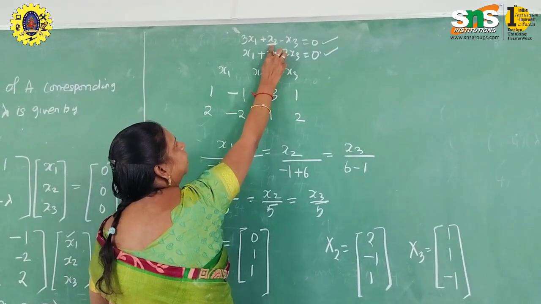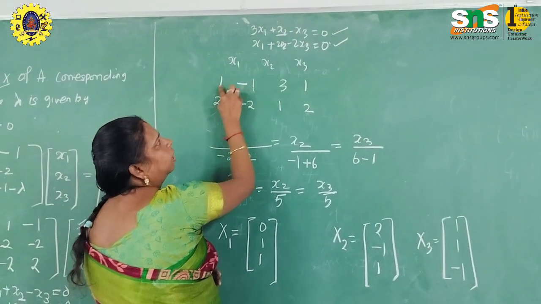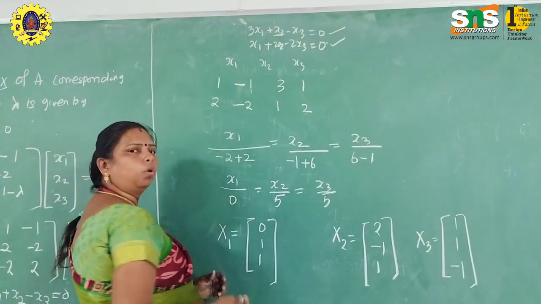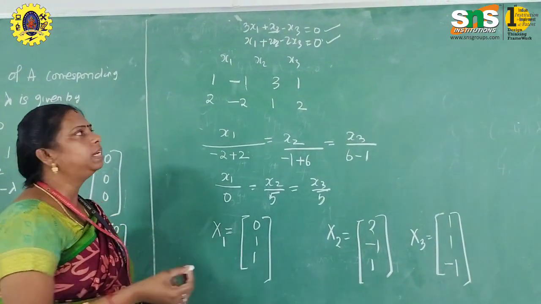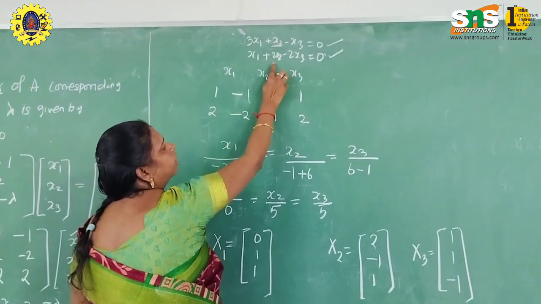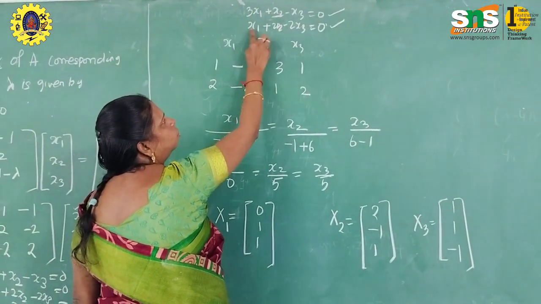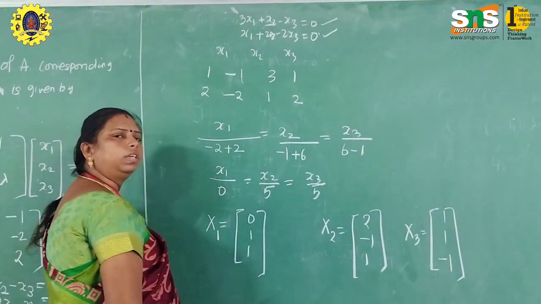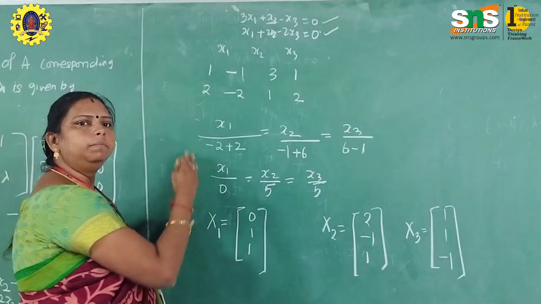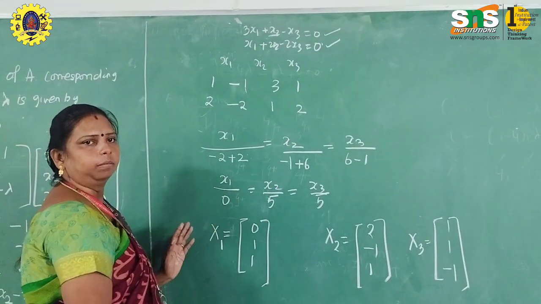So what you do is take the constants from the middle. What are the coefficients here? 1, minus 1, 3, 1. I have to take the constant from the middle term: 1, minus 1, 3, 1. The next equation: 2, minus 2, 1, 2. So take the coefficients from the second term, third term, first term, second term.